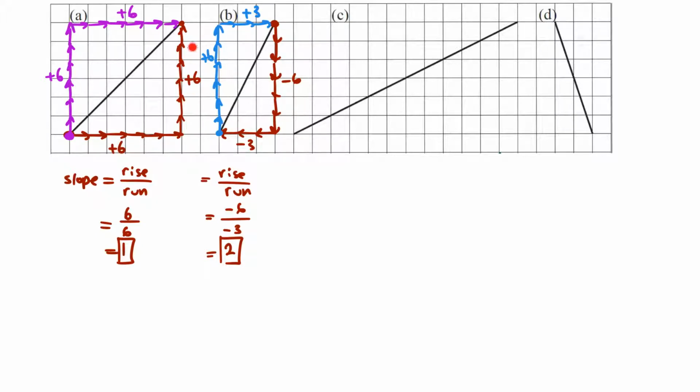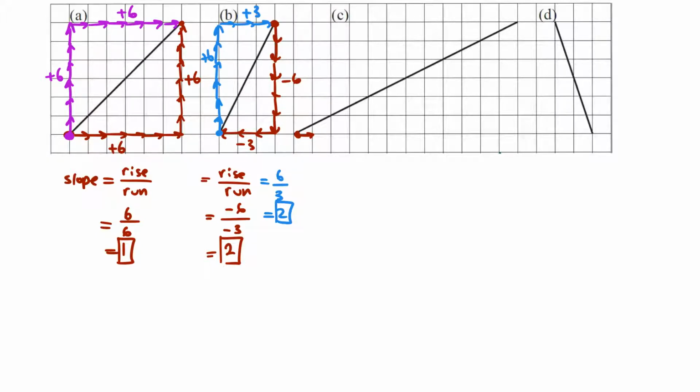If you're rising up is positive, and when you're rising downwards it's negative. So in this case, using blue, if I use the same equation, I get my rise is 6 and my run is 3, and dividing the two, I should get the same value, and I do. I get 2.